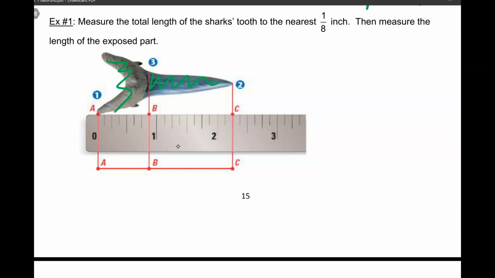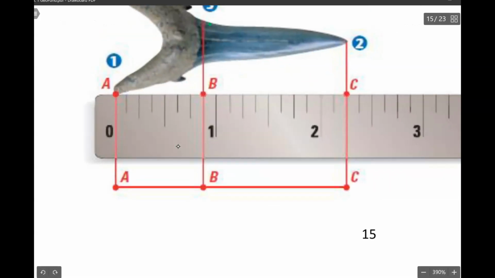All right. So we want the total length of the shark tooth. I want to know at what measure we are at. So at A, I'm at 0. If this whole thing is 1 inch, this right here is half, and half of a half is a fourth, and half of a fourth is 1/8.